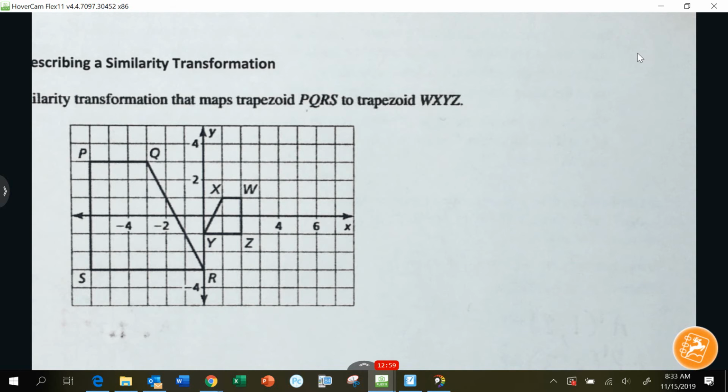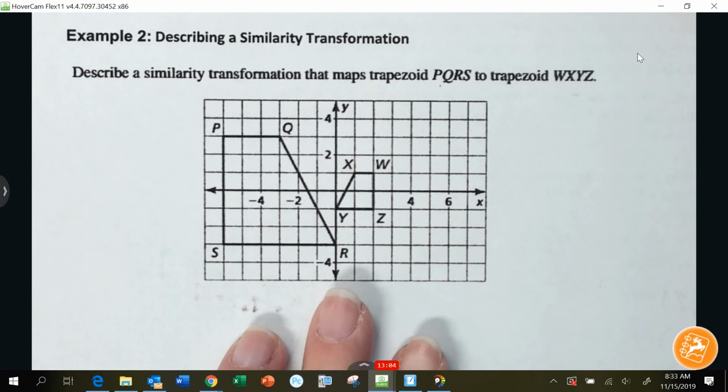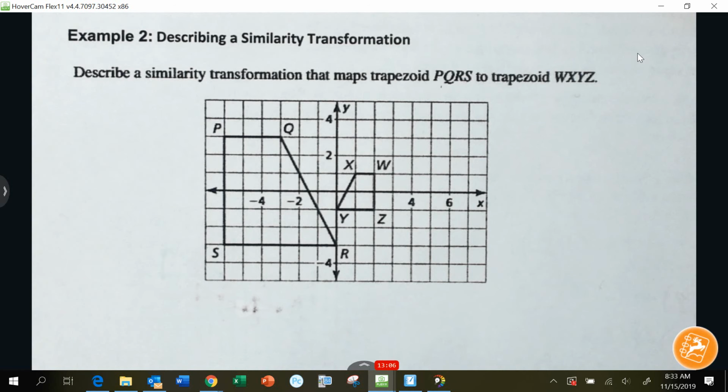Which one is the pre-image? I see you. Okay, you just want to keep your hand up? I want everybody to think for themselves. How do we know which one is the pre-image?